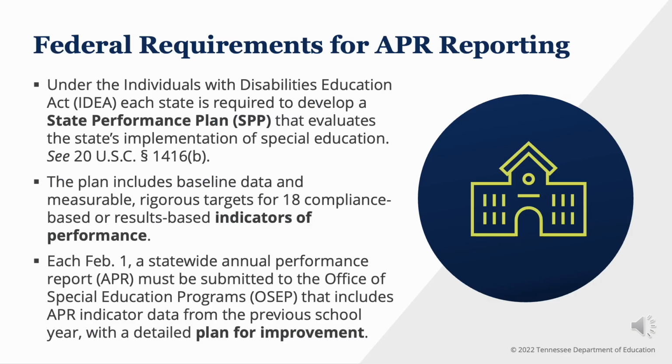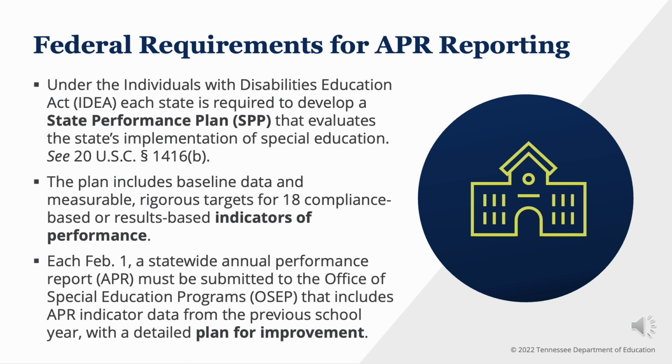IDEA requires states to develop a State Performance Plan, or an SPP, that evaluates how the state is implementing the requirements and the purposes of the IDEA. The SPP describes how the state will improve the implementation of special education, and it contains rigorous targets for 18 compliance-based or results-based indicators of performance.